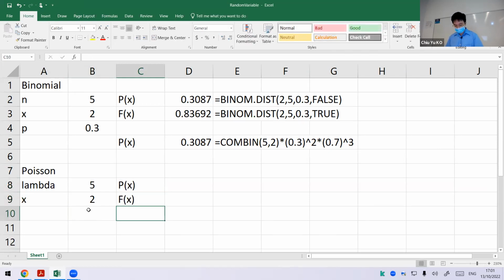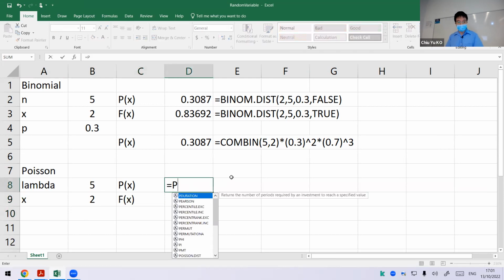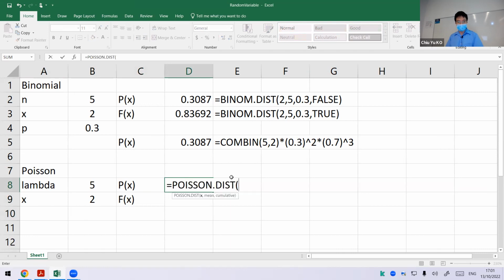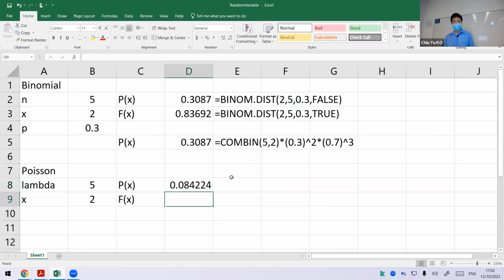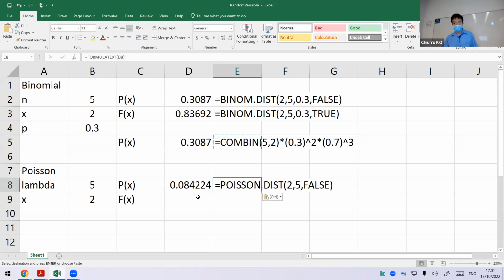Let's see how we can do this. The function is also Poisson, the Poisson distribution. We put 2 and the mean is 5, X and lambda. And then we put false because we're talking about P. That is how you get this.